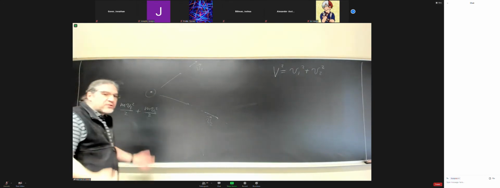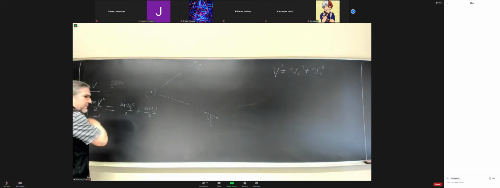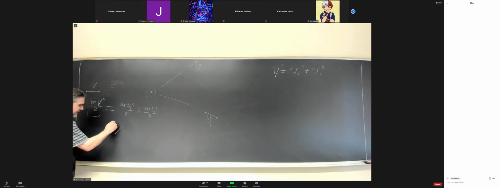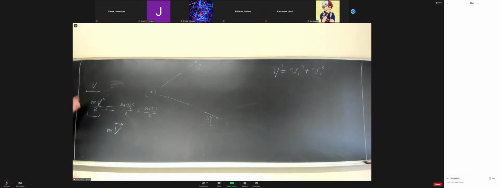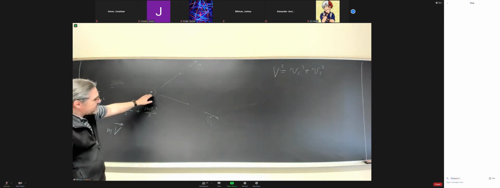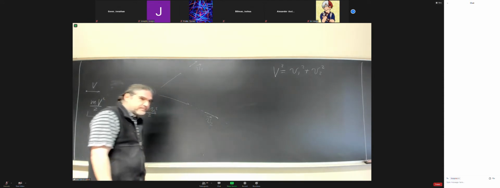Now there is the momentum conservation law. We start by writing the initial momentum, a long time before the collision. The total momentum of the system is the momentum of the first particle, which is m v vector. This is a vector; the velocity is a vector. The momentum of the second particle is 0 because it's not moving initially.